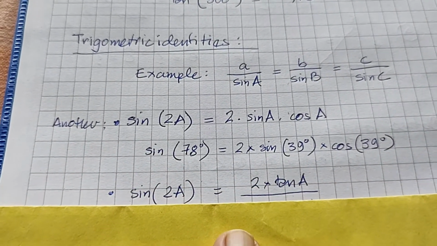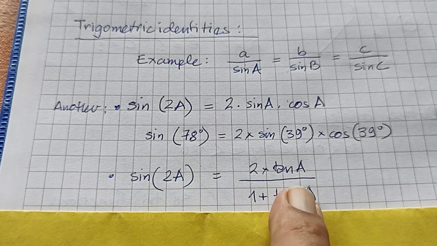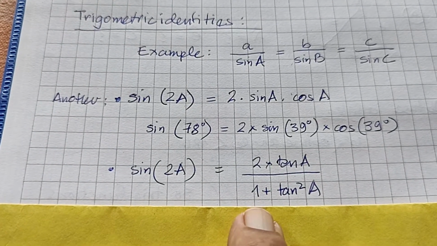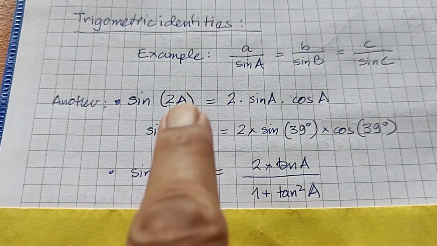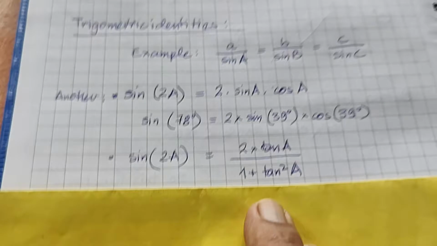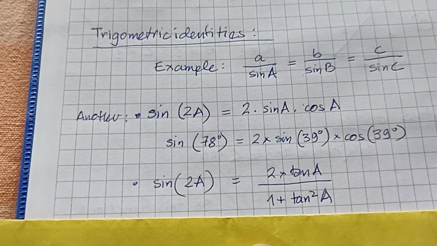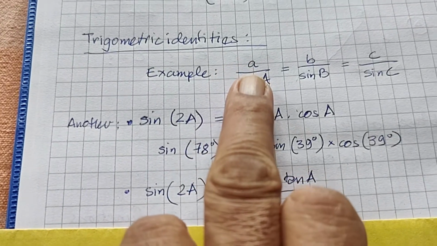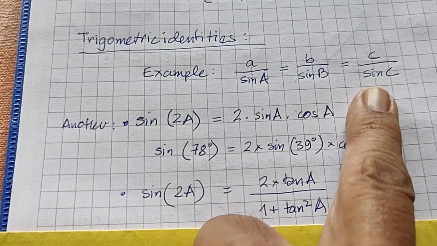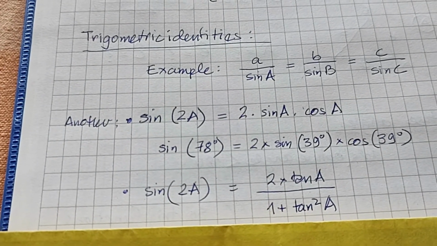Okay, so another one is again similar. Sine of 2A is equal to 2 tan A over 1 plus tan squared A. Now each one of these can be proven using algebra and advanced mathematics, and we have seen 3 examples of trigonometric identities, but there are literally hundreds of them.